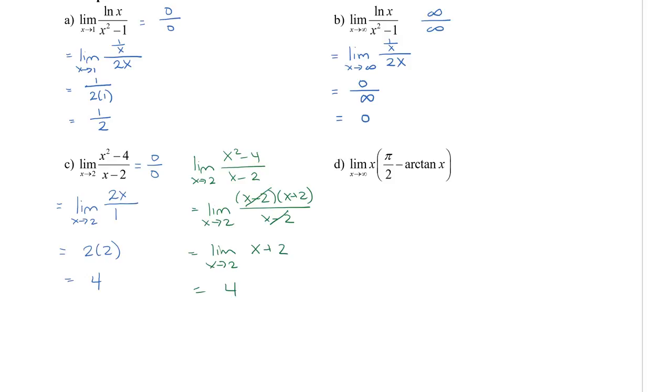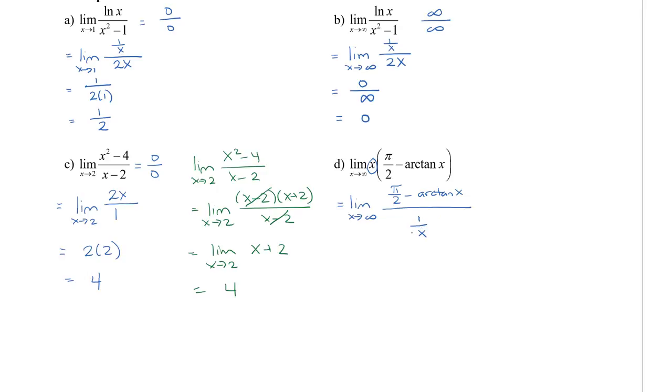Now this last one here is a little bit tricky because it doesn't even look like a rational. So what I'm going to do is rewrite it. Notice that there's a little x here times this expression. So this can actually be rewritten as pi over 2 minus arctan x, all divided by 1 over x.